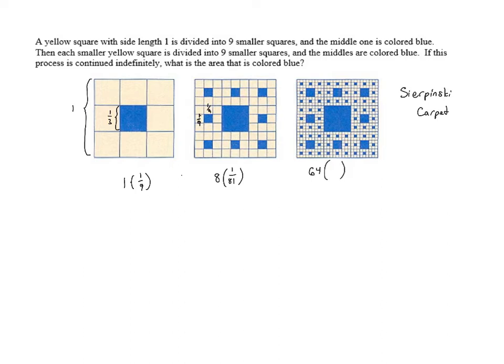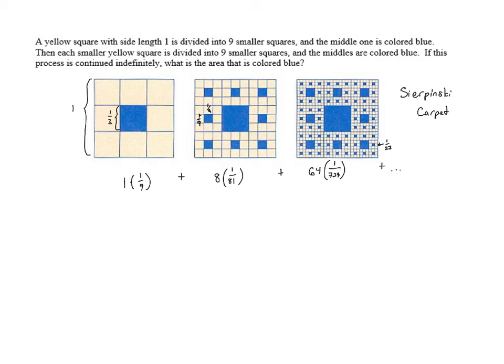And each one has dimensions 1/27 by 1/27, because they're each 1/3 the length of the previous blue square. Now 1/27 times 1/27 is 1/729. So each of these represents the amount of blue that's added in the individual step.